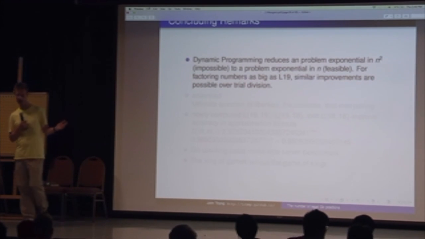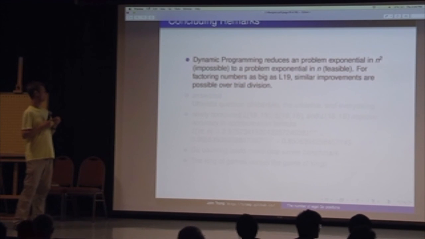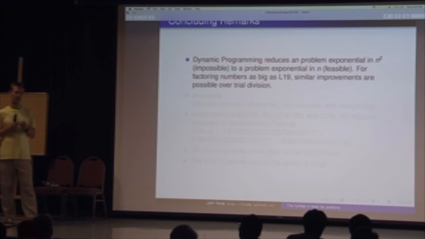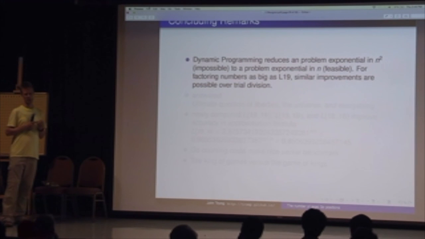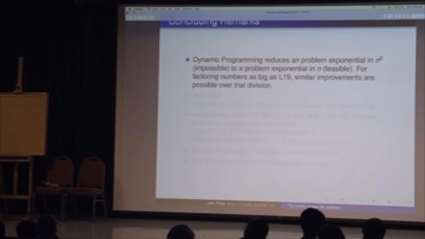But using advanced factoring algorithms like the general number field sieve or the elliptic curve method, those are only exponential in the square root or in the cube root of the number of digits, which make it feasible. In fact, the paper has a complete factorization of L19 that I computed with the elliptic curve method. So that's quite analogous to the advanced algorithm for counting.